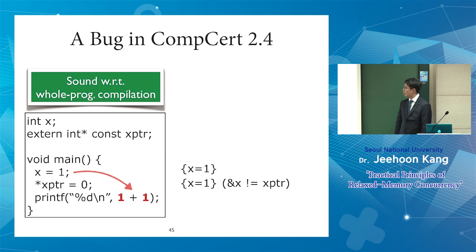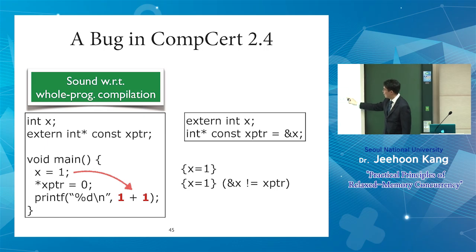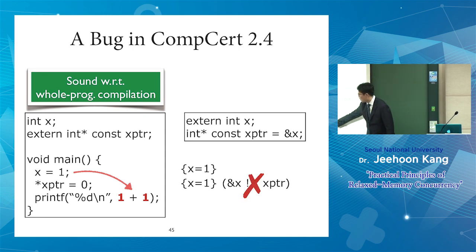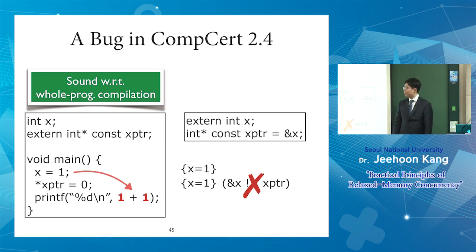It is sound for the whole program compilation, but what if there is a module that assigns the address of x to xptr? Then the analysis that the address of x and xptr are not aliased is in fact incorrect, because they are aliased.